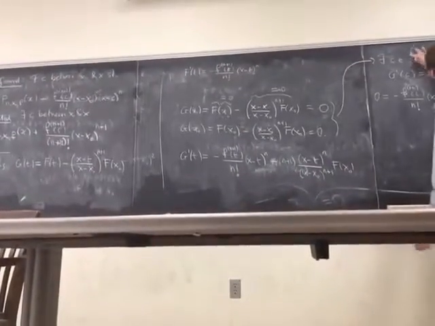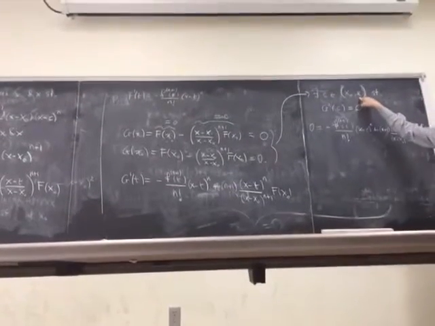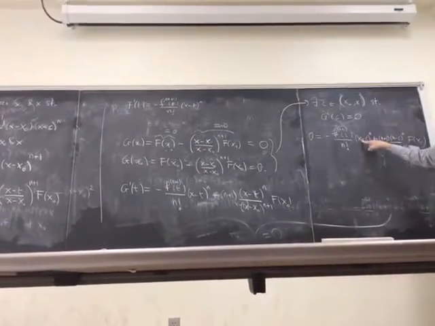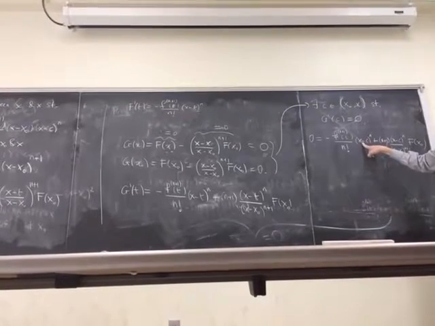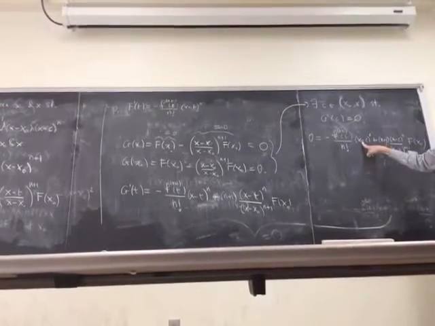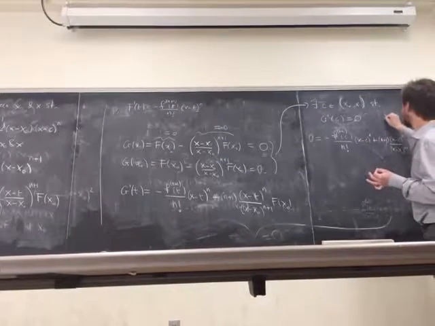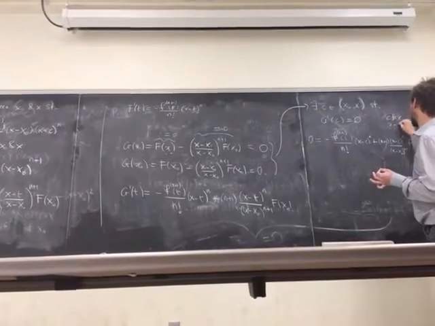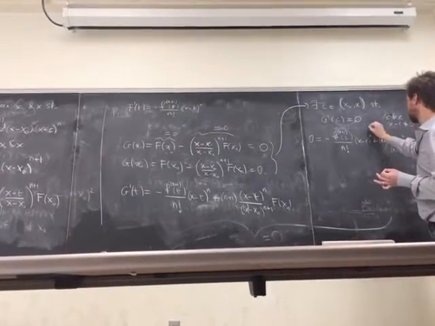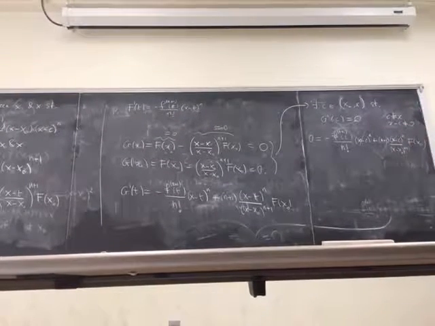Actually, let me remind you that Rolle's gives me a point between x naught and x, right? So x minus c is different from 0. So I can cancel it from both sides of the thing, right? So the point c that you find will be different from x, which means that x minus c will be different from 0. So you can take it out.